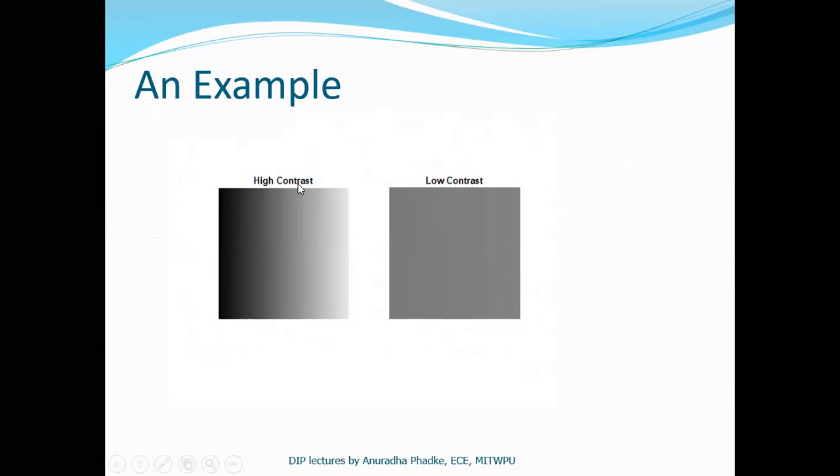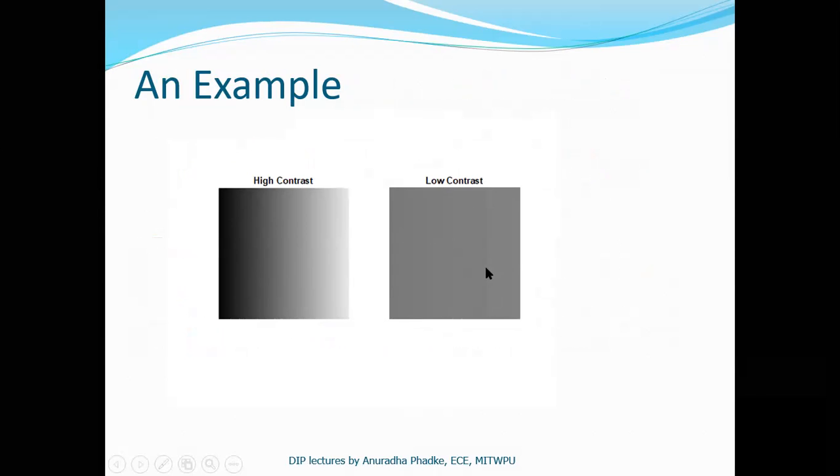So this is an example. This is a high contrast image. This is a low contrast image. Why? If you determine the difference between, say, the darkest point and the brightest point, this difference is greater for this image than this image. Here, the difference between the darkest and brightest level is almost zero.